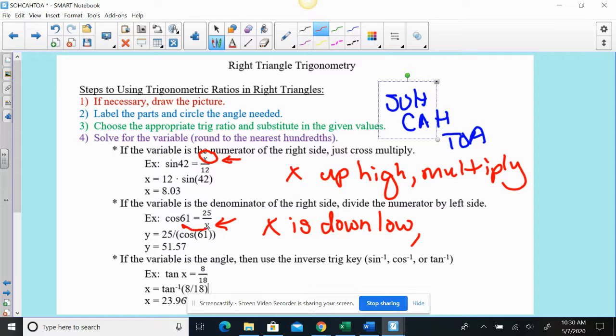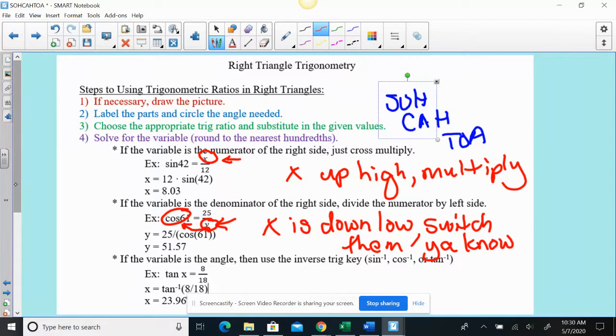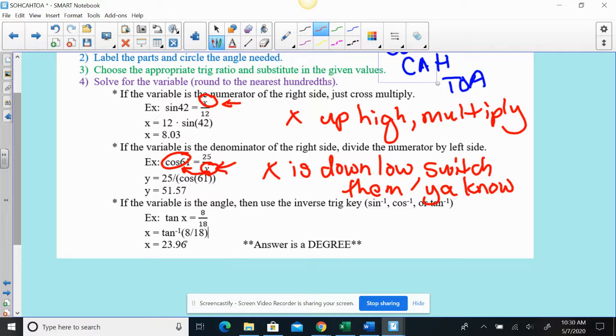So I'm going to take this cosine 61 and this y, and I'm going to switch them. So x down low, switch them. So there's the little rhyme there. So in my calculator, I would just do 25 divided by cosine 61. Now, if x is an angle, there's no trick for that.